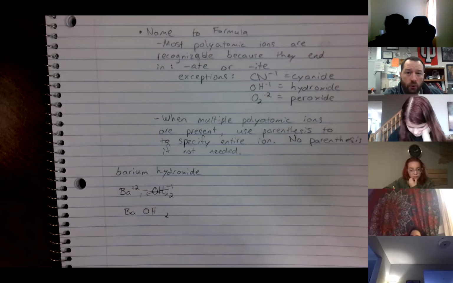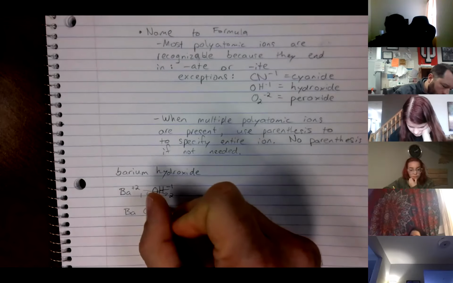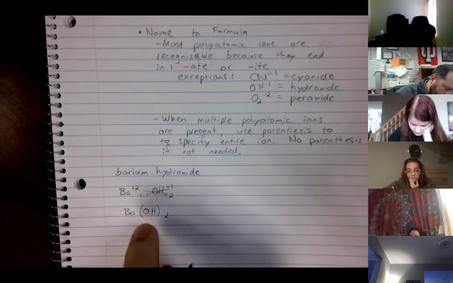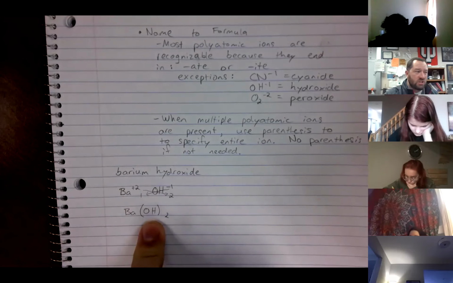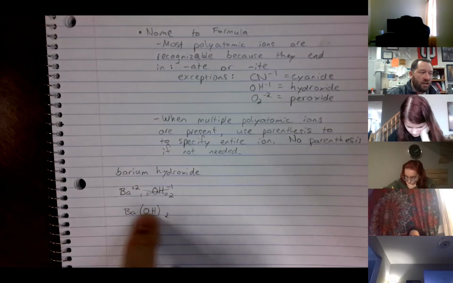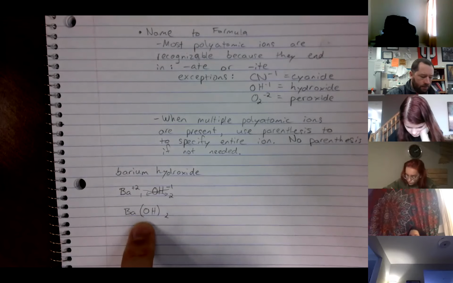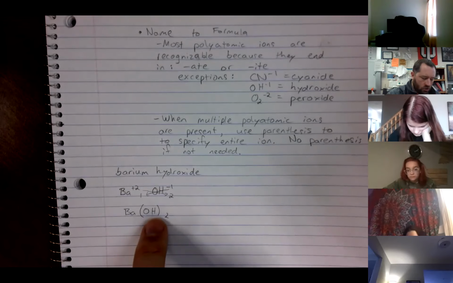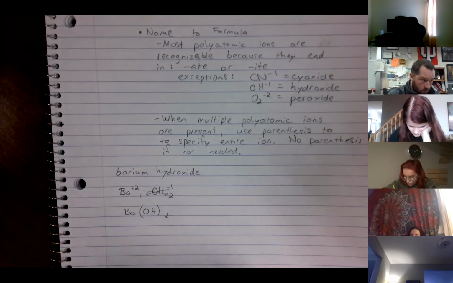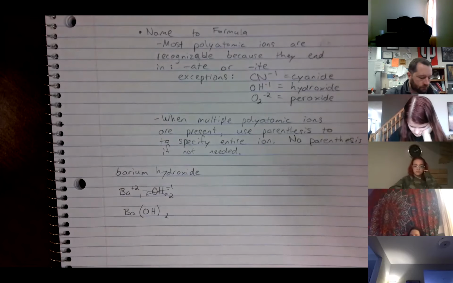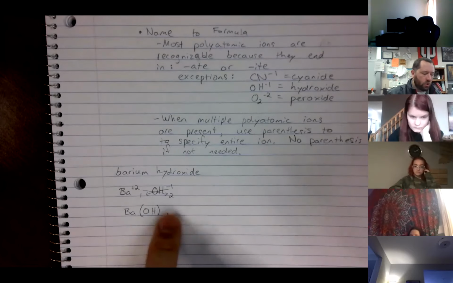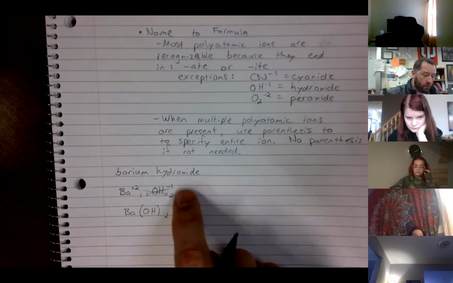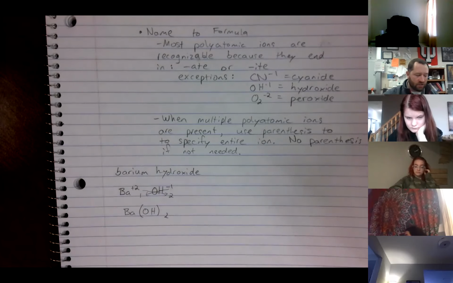I don't want 2 H's, I want 2 of the entire ion, OH. And that's why I use the parentheses. Barium hydroxide is Ba, parentheses OH, parentheses 2. So now I have 2 of the entire ion, which I need to cancel out the +2 of the barium.